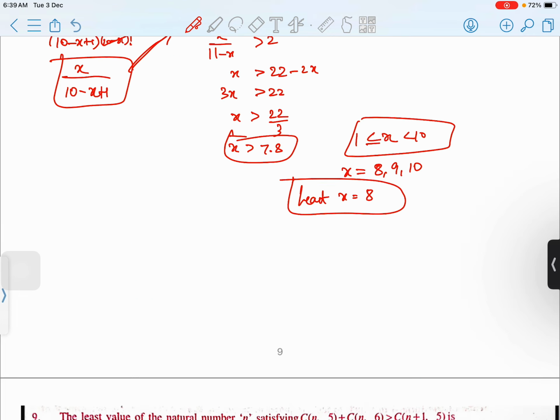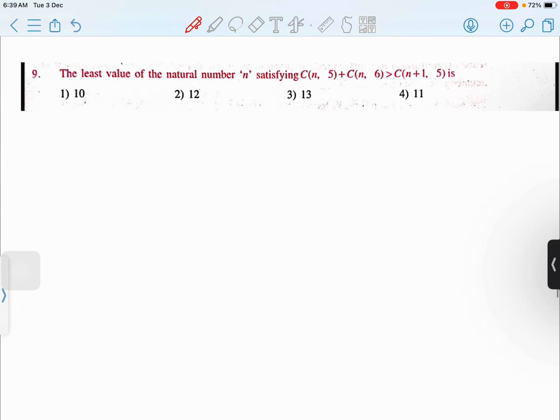Okay, so this one, a similar one: find the least value for natural number n satisfying nC5 plus nC6 greater than or equal to n plus 1 C5.